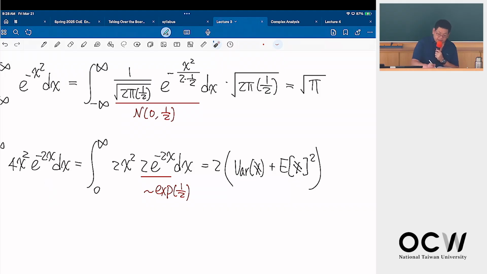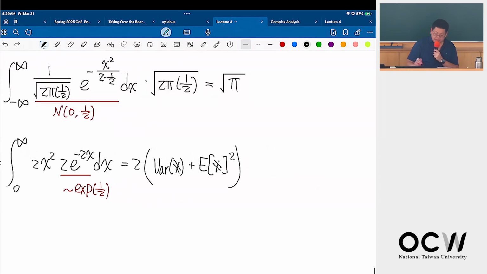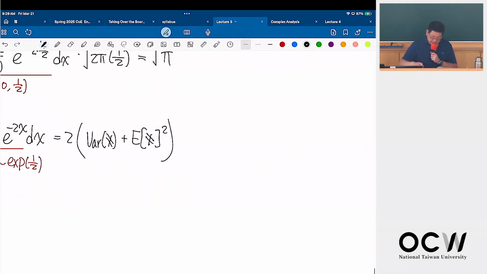Because now you have already learned probability, you should use this concept to find the integration. So this gives you 2, your variance 1 over 2 squared, your mean 1 over 2, and mean squared 1 over 2 squared. So you get 1.